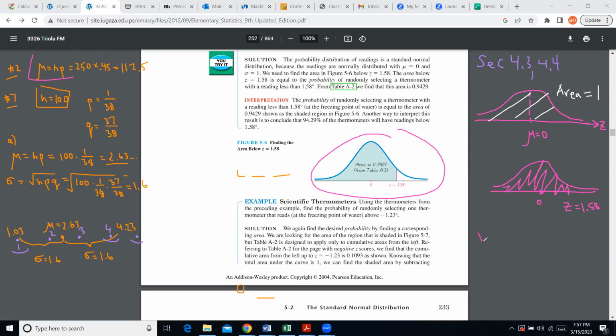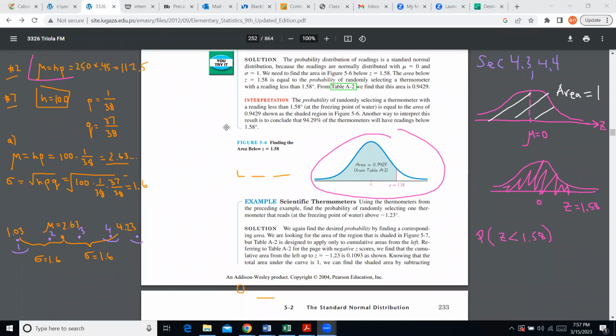So first of all, area is the same as probability. We describe probability with a big letter P, and in the parentheses I can write that z is less than 1.58, just like that. So I can try to find this probability using special tables.